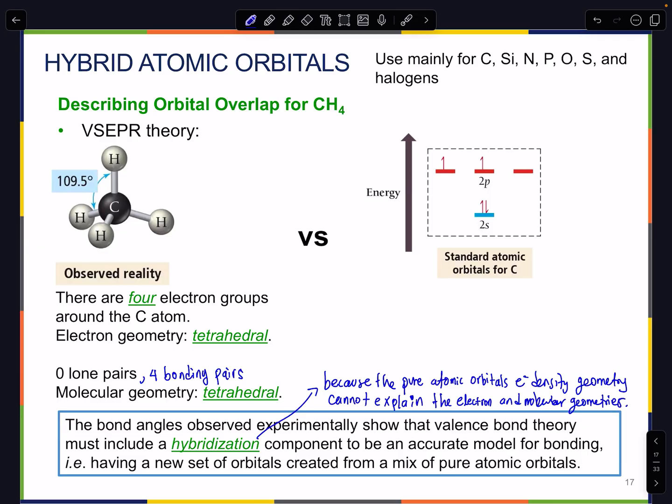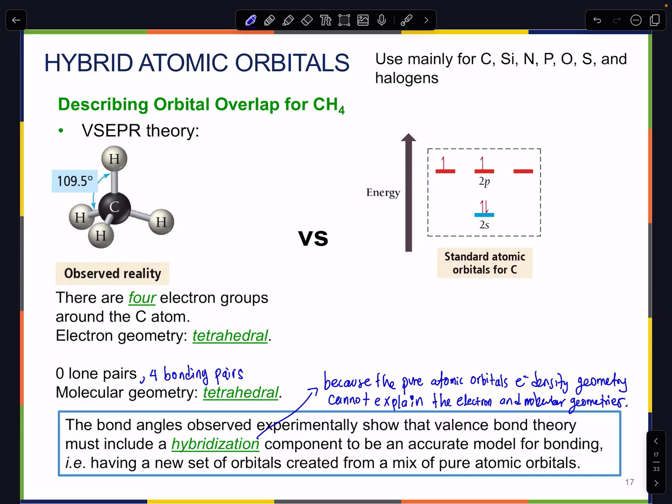As you can see here, what matters for the hybridization scheme is the number of electron groups. When we have two electron groups, we say that the hybridization scheme will be sp orbitals. We'll get into explaining what that means, right? The corresponding electron geometry when you have two electron groups is linear.